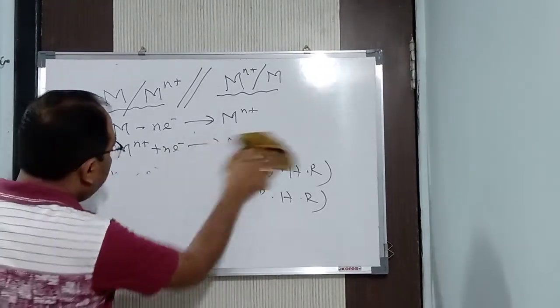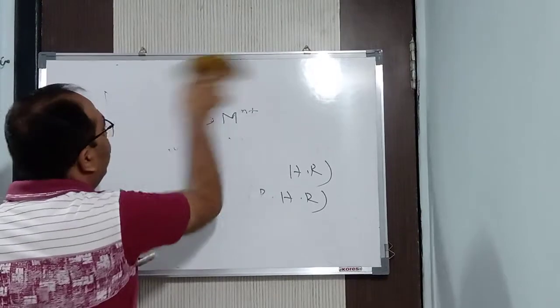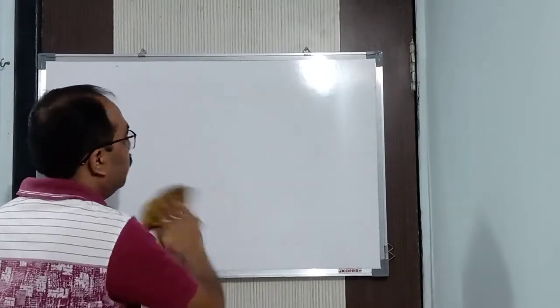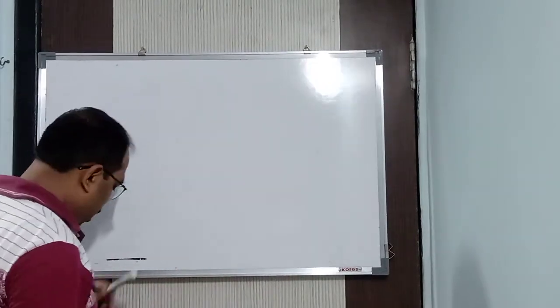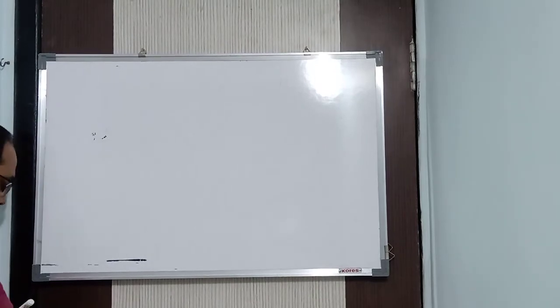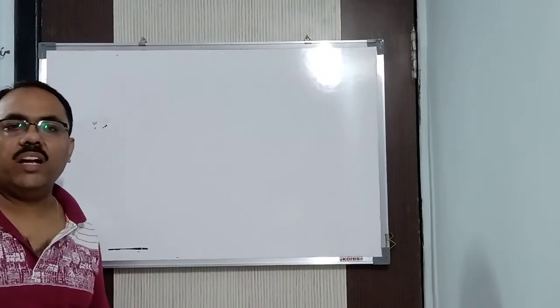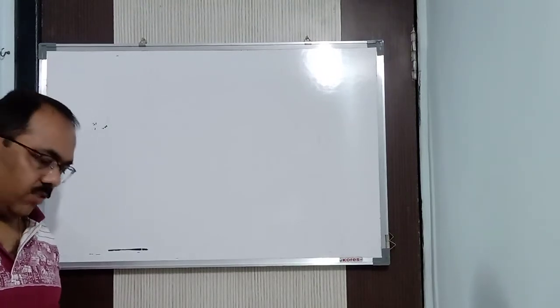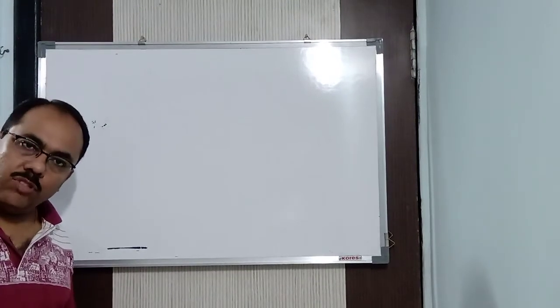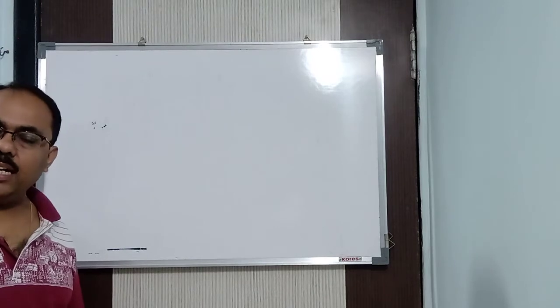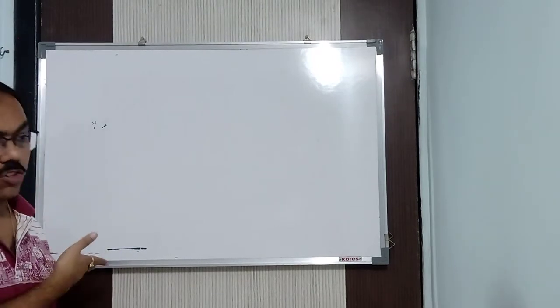Next, we will understand electrode potential. When an electrode is put into an electrolyte, three things can happen. What are they? Either it can lose electrons, that is, it can undergo oxidation, like zinc, you can see here.